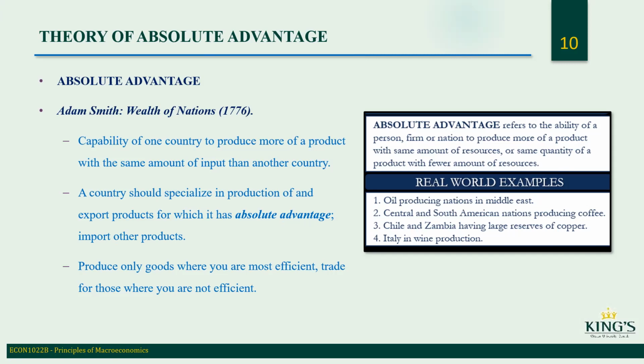So the problem with absolute advantage is that you are not benefiting from getting a lower cost producer to produce a certain product. So if you can buy from a lower cost producer in a different country, it is best to do it from an efficiency view. So that's the problem with absolute advantage.